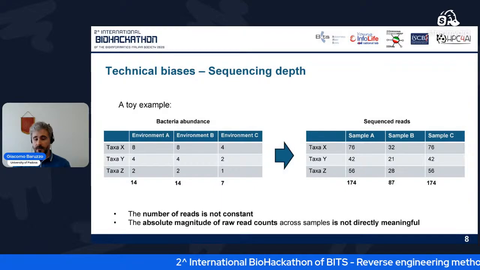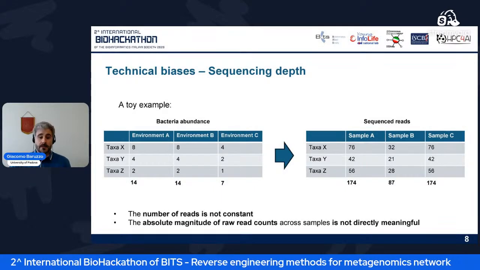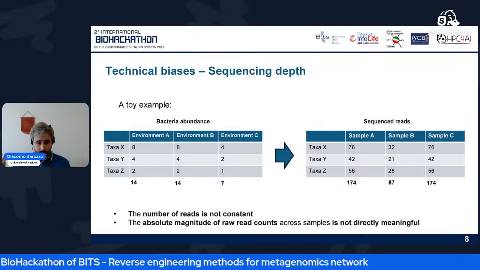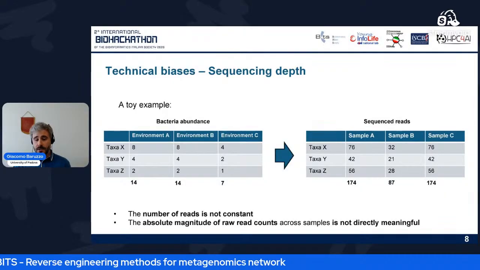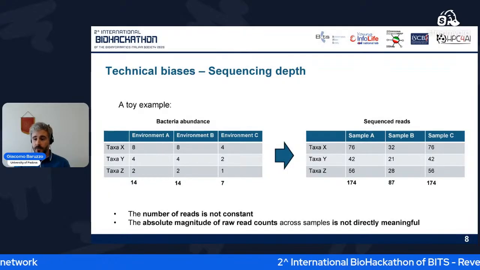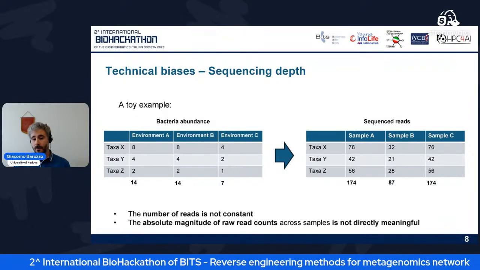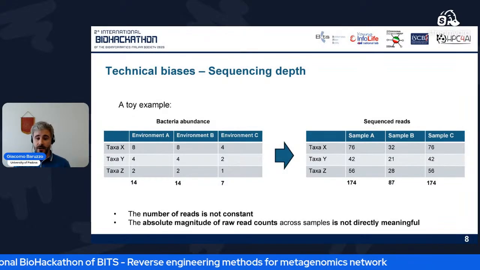So as you can see at the bottom, the sum by column, the total number of reads, is quite different across samples. And this is, again, realistic. But since you are relying on the read counts, you will see that it seems that now sample 2 is overall half expressed, so there is half of the bacteria in sample 2 compared to sample 1, while in reality, environments A and B have the same abundances.